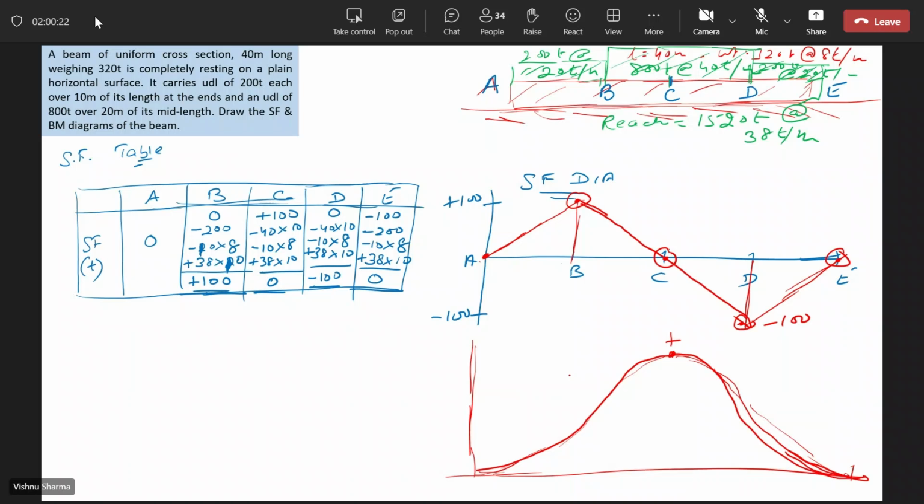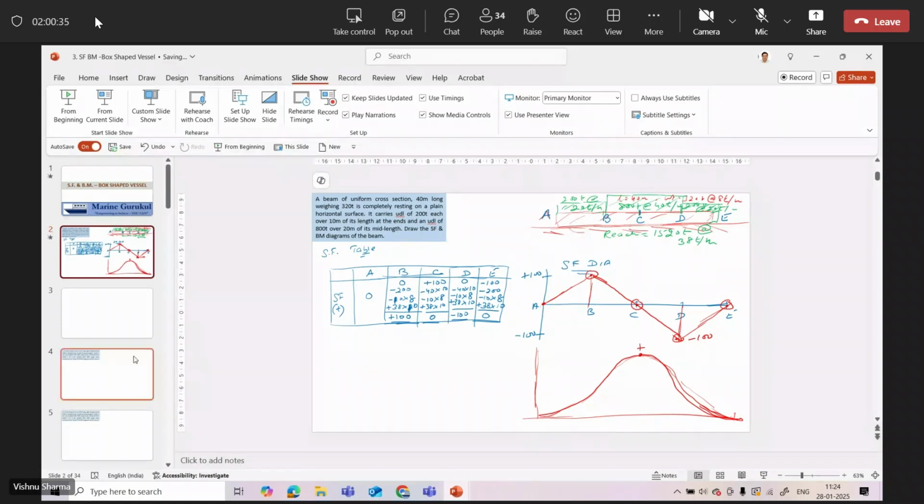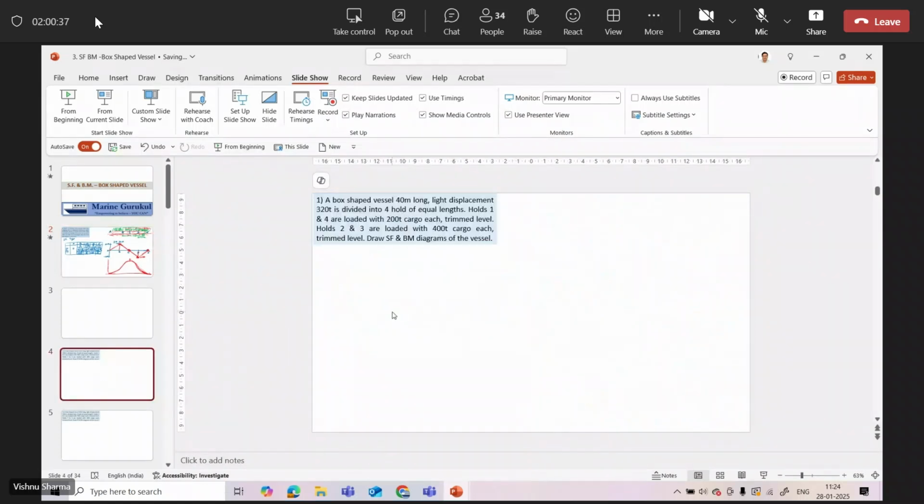I'll carry forward this SF diagram to the next page, and I'll stop this question here because you will be able to complete it now. And now I take you to this question.